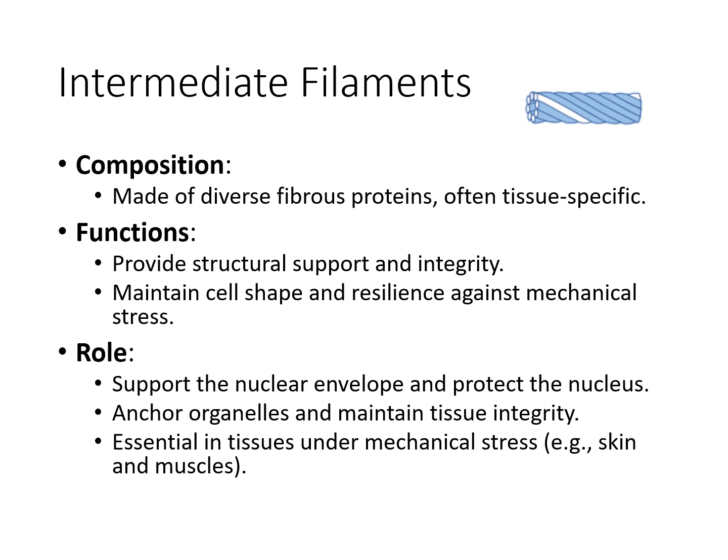These filaments are especially important in tissues like skin and muscle, where physical stress is constant. One well-known intermediate filament is keratin, a major component of your skin and hair. So yes, you're literally carrying intermediate filaments through life and staring at them every day.